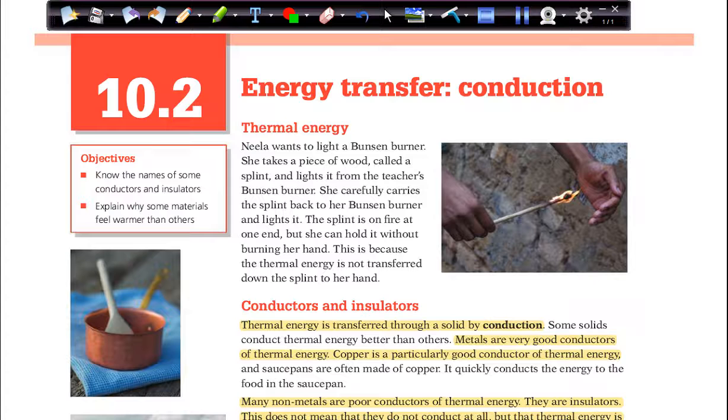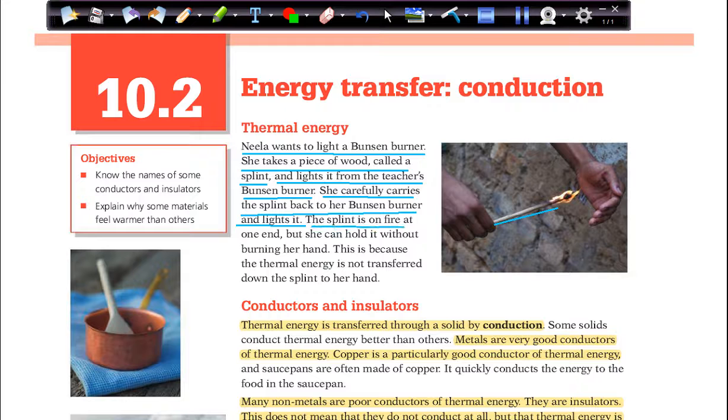Thermal energy. Neela wants to light a Bunsen burner. She takes a piece of wood called a splint. So this is the splint, okay? They use a splint to support broken bones or something. And she lights it from the teacher's Bunsen burner. She carefully carries the splint back to her Bunsen burner and lights it.